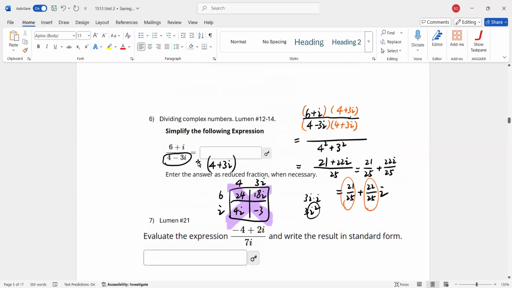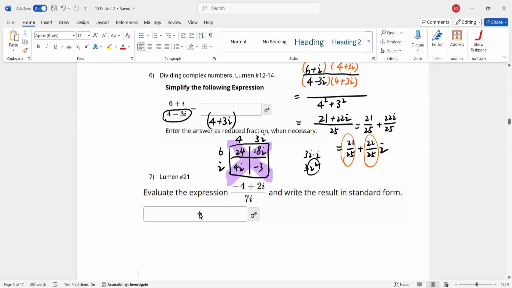The last question of last class, we covered 6 plus i divided by 4 minus 3i. If the divisor has both real part and imaginary part, we need to multiply both numerator and the denominator by the conjugate of the denominator. What if, in the division of two complex numbers, the divisor, the number in the denominator, does not have a real part?